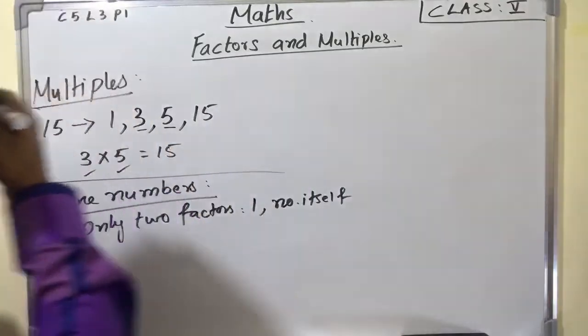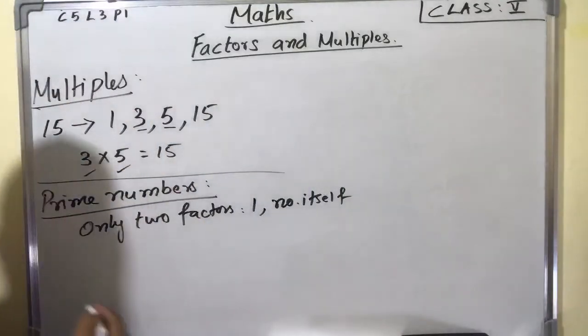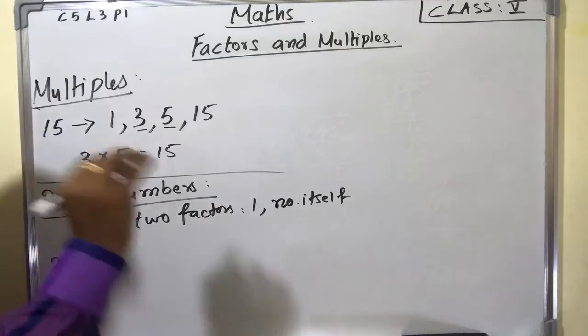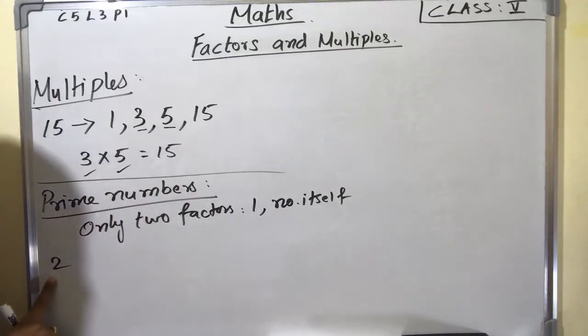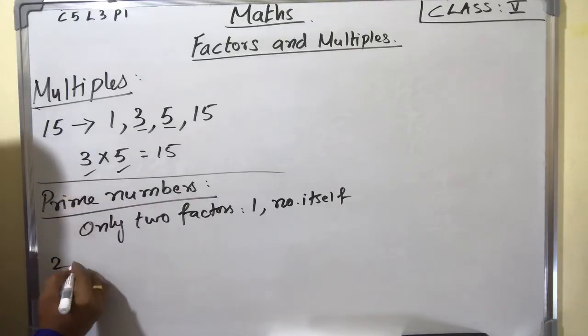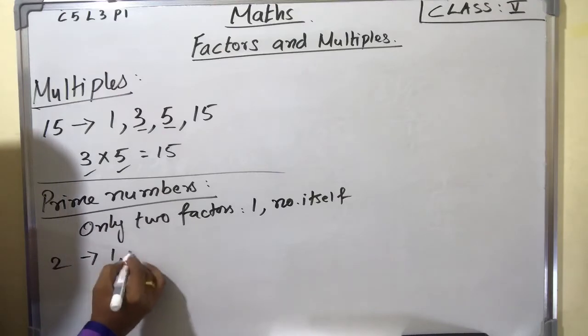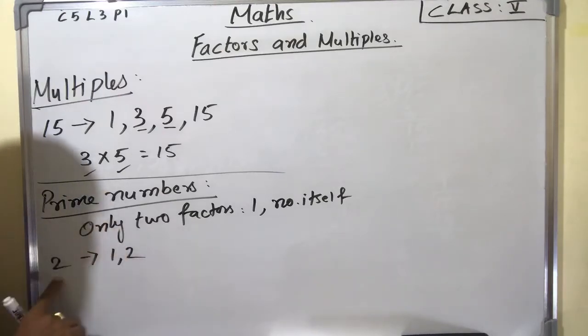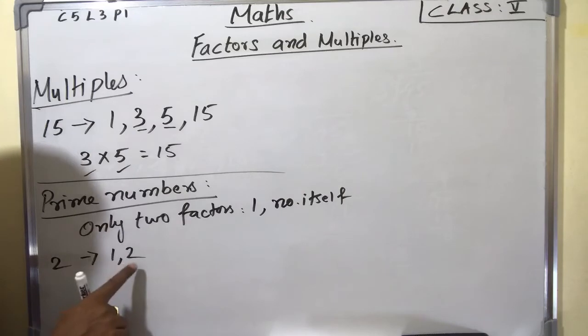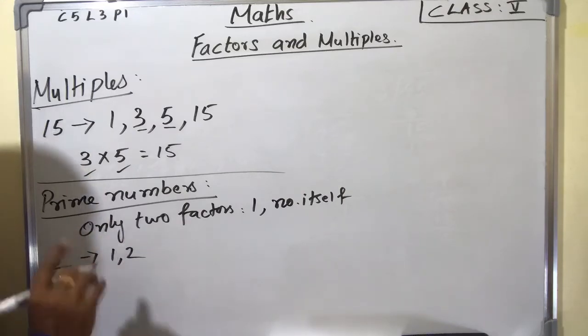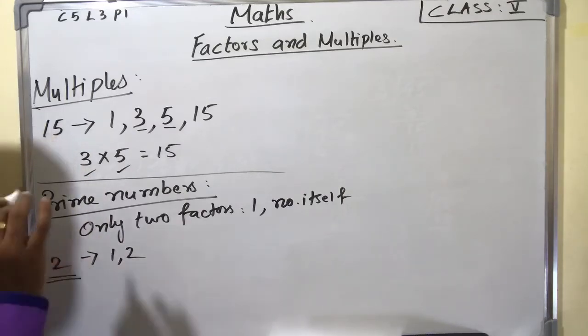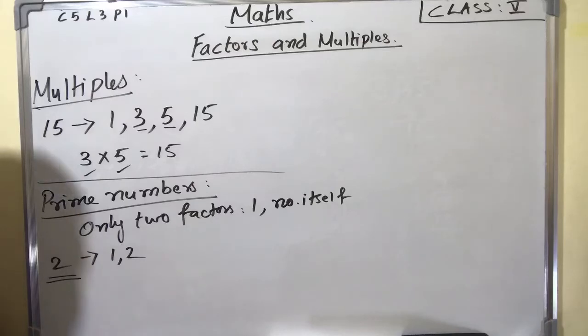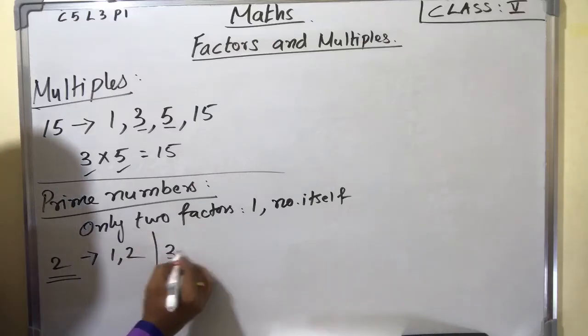One example, or rather more examples I can say. 2. What are the factors of 2? 1 and 2 only. 1 will divide 2 without leaving any remainder. 2 also will divide 2 without leaving any remainder. So 2 is a prime number. Next, 3.